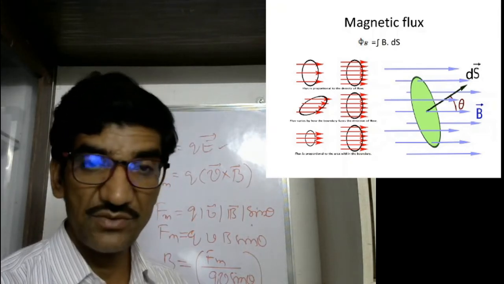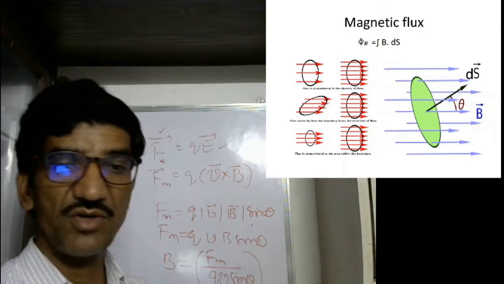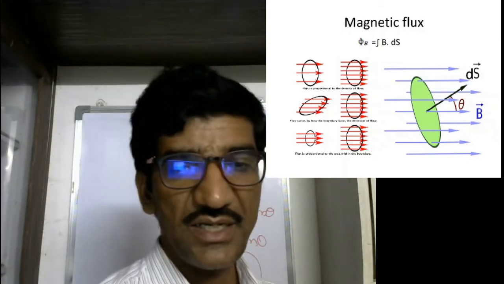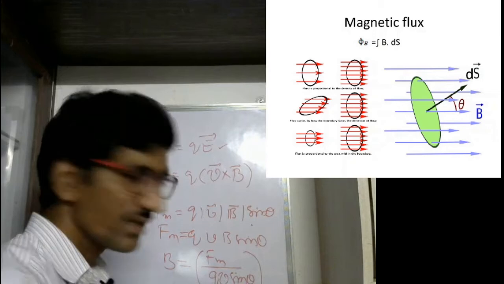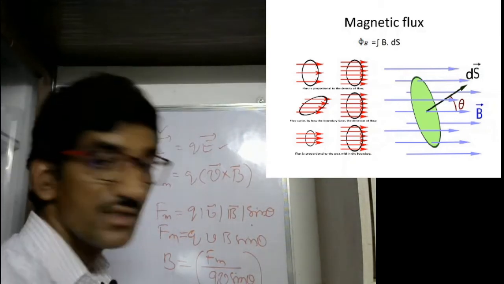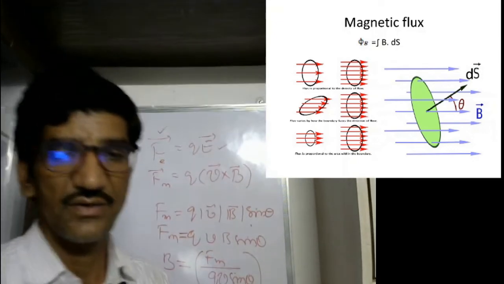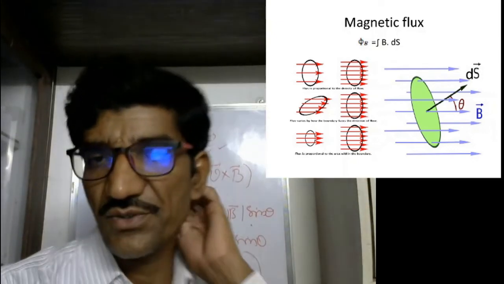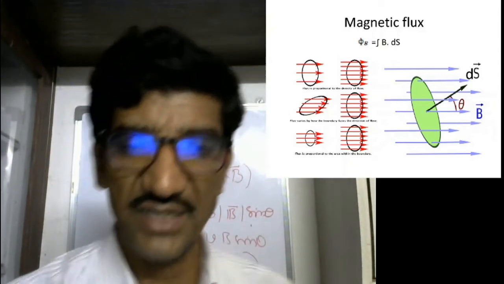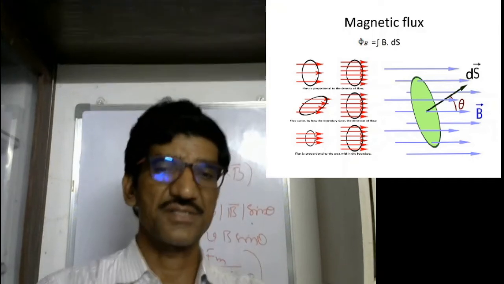Whenever you take 1 coulomb charge traveling with unit velocity in the direction perpendicular to the magnetic field, the magnetic force acting on the charge is called the magnetic induction of the magnetic field. This is another definition. Next, let us go for the magnetic flux and the relation between magnetic induction and magnetic flux.